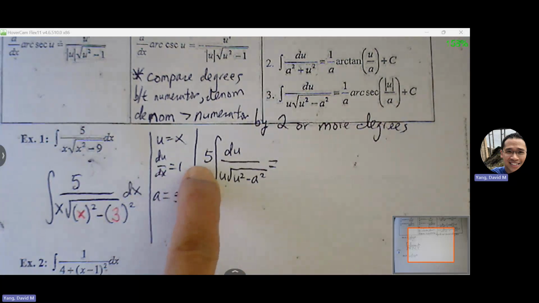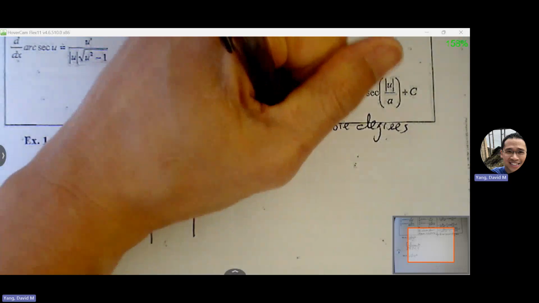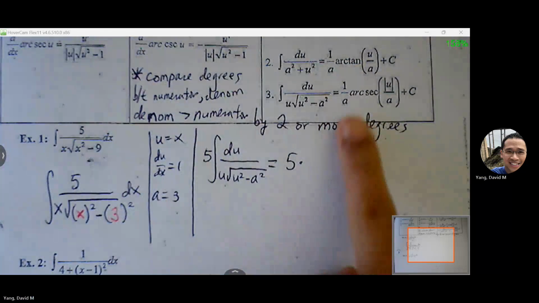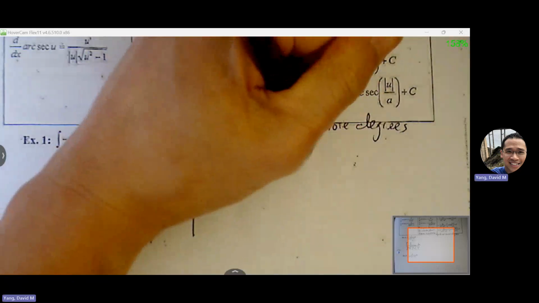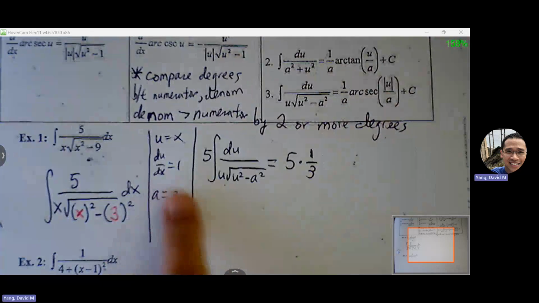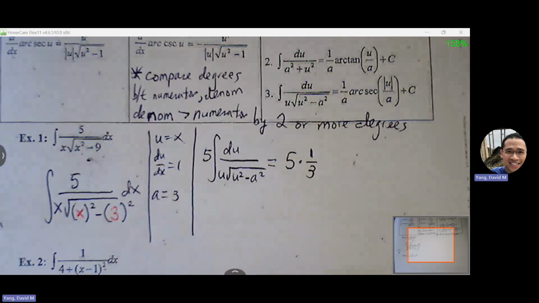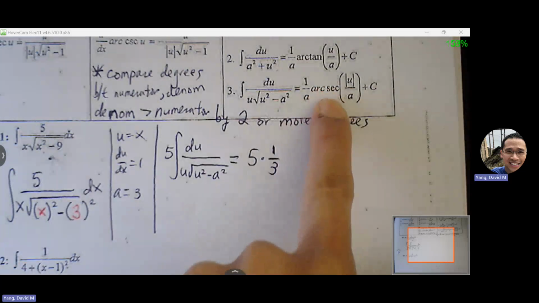I'm going to start with that 5 first, because that 5 is going to have to stay with my answer. Times 1 over a. Now what's my a value? 3. So just replace the a with the numeric value of my problem, and then just follow the rule.